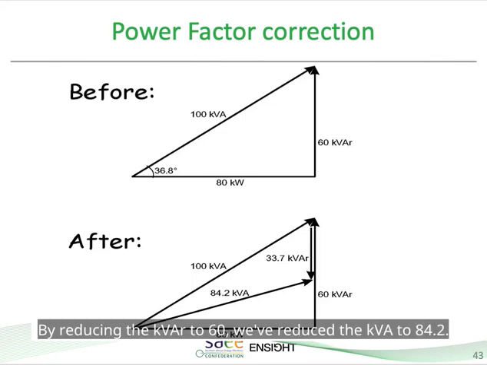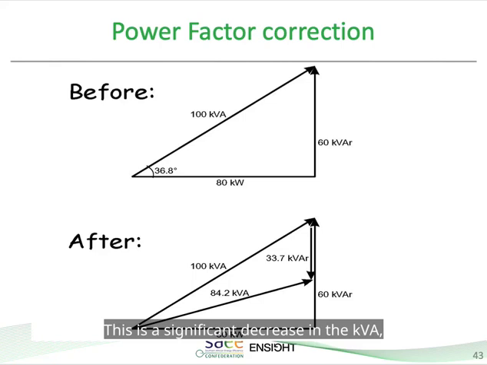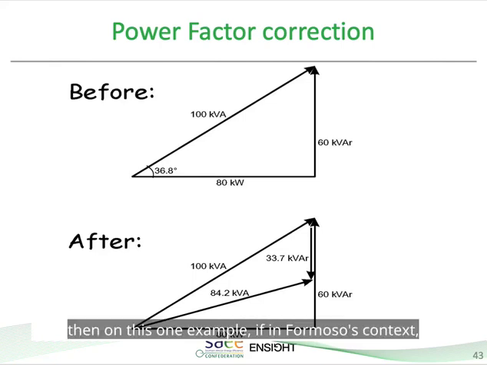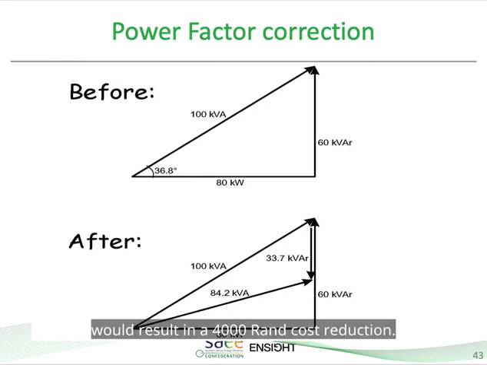By reducing the kVAR to 60, we reduce the kVA to 84.2. This is a significant decrease in the kVA. And in this one example, in Formosa's context, it would result in a 4,000 Rand cost reduction.